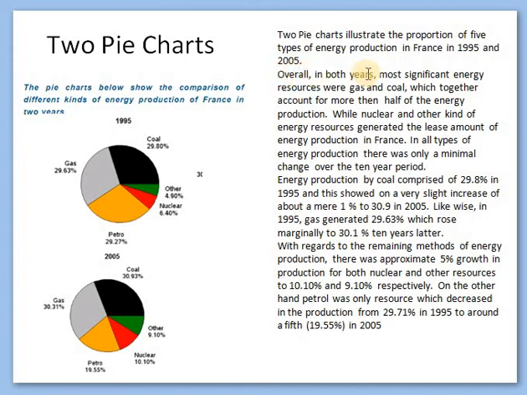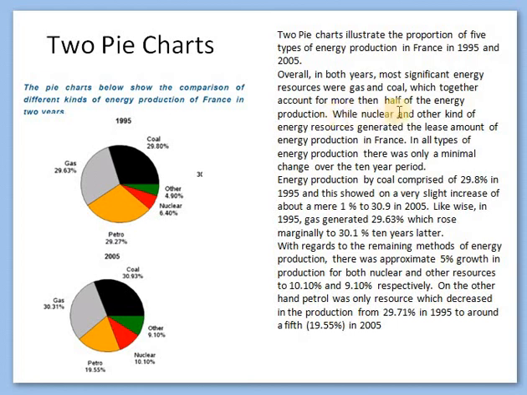Overall, in both years, the most significant energy resources were gas and coal. Gas is 30% in both cases, almost, as is coal, which together account for more than half of energy production, because together they are almost 58 to 59% in both cases.